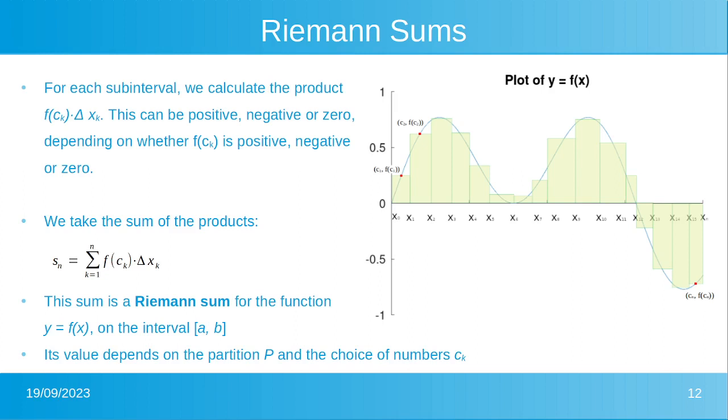And this sum is a Riemann sum for the function y equals f of x on the interval from a to b. And its value depends on the partition P and the choice of numbers ck.